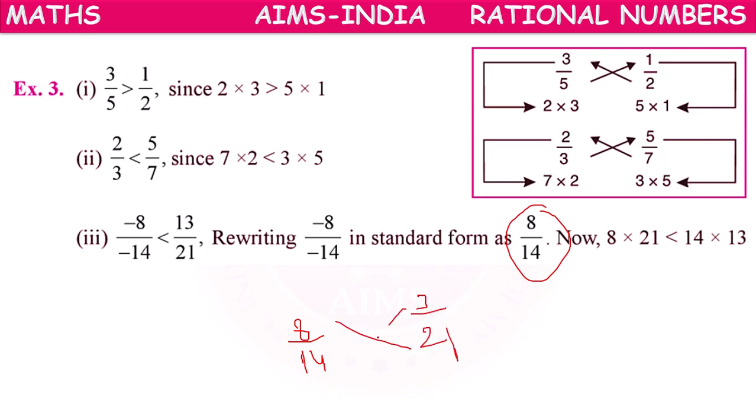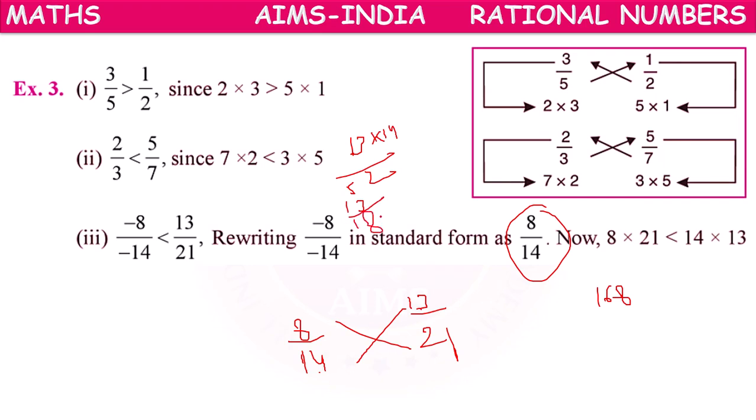So 8 into 21 and 3 into 14. 8 into 21 is 168. Sorry, it is 13 into 14. 13 4 times is 52. 13 into 14, how much? 3 4 times 12, 4 1 is 4; 4 plus 1 is 5; 1 3 is 3, 1 1 is 1.